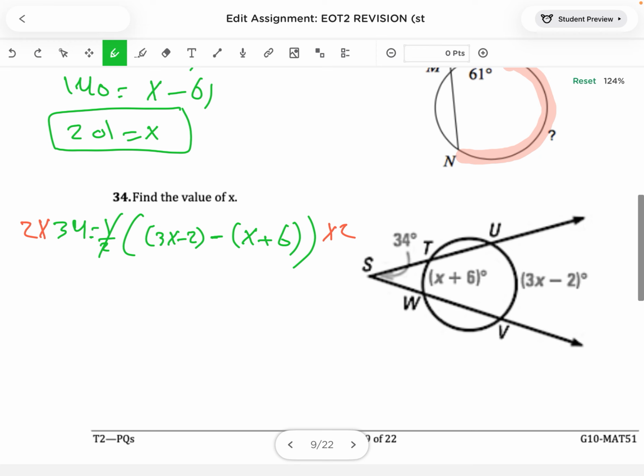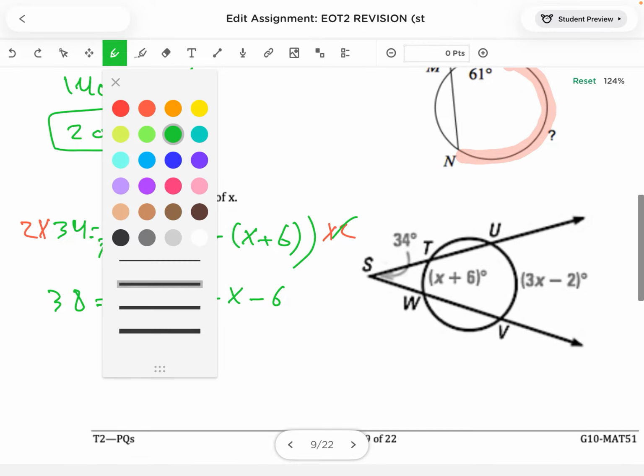Now the 2 and the half are cancelled here. 68 equals 3x minus 2 minus x minus 6, because we distribute a negative sign inside.